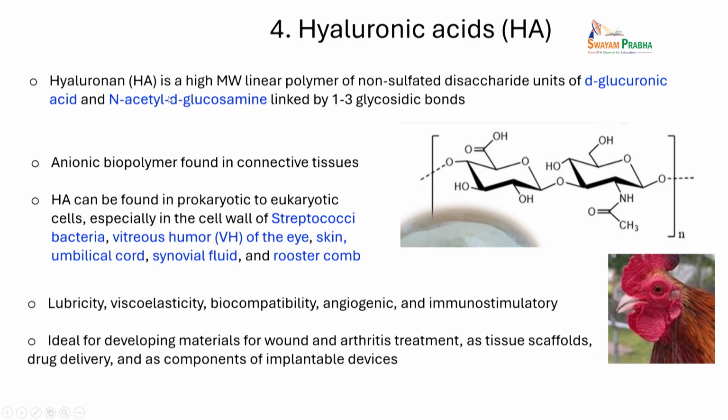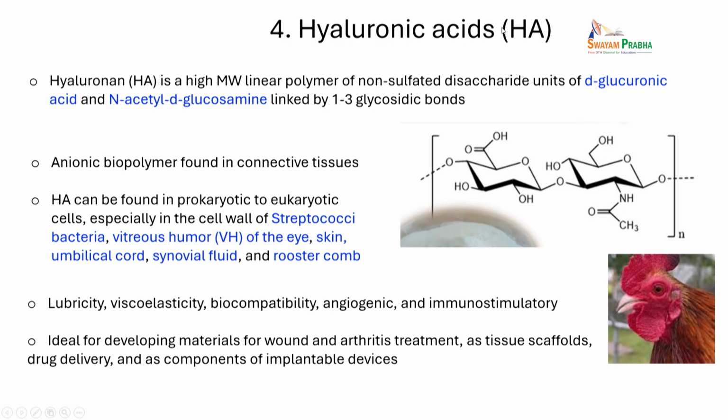Okay, so the last one I want to talk about is hyaluronic acid. If you have bought any of these face masks recently from Korean brands, they actually use hyaluronic acid in their face mask applications. So this is also highly useful in biomedical applications.